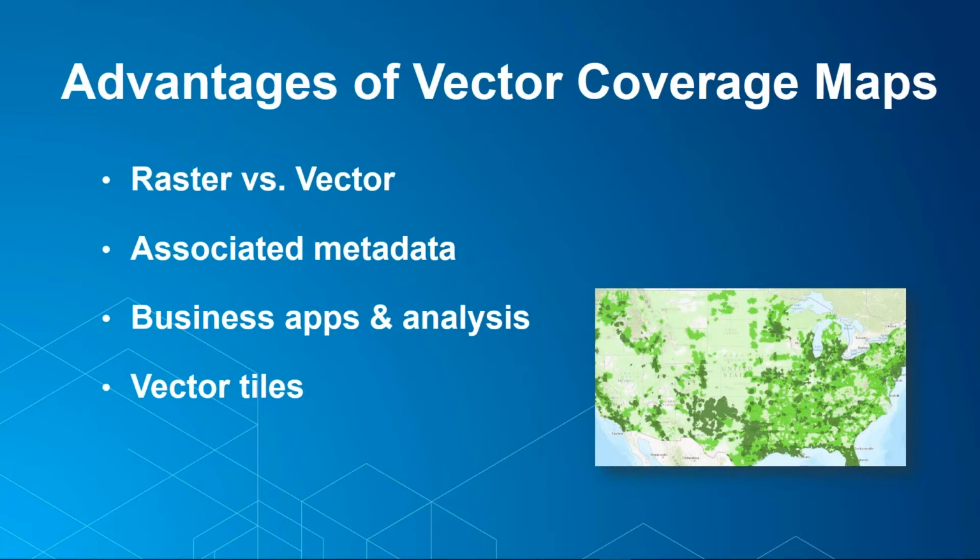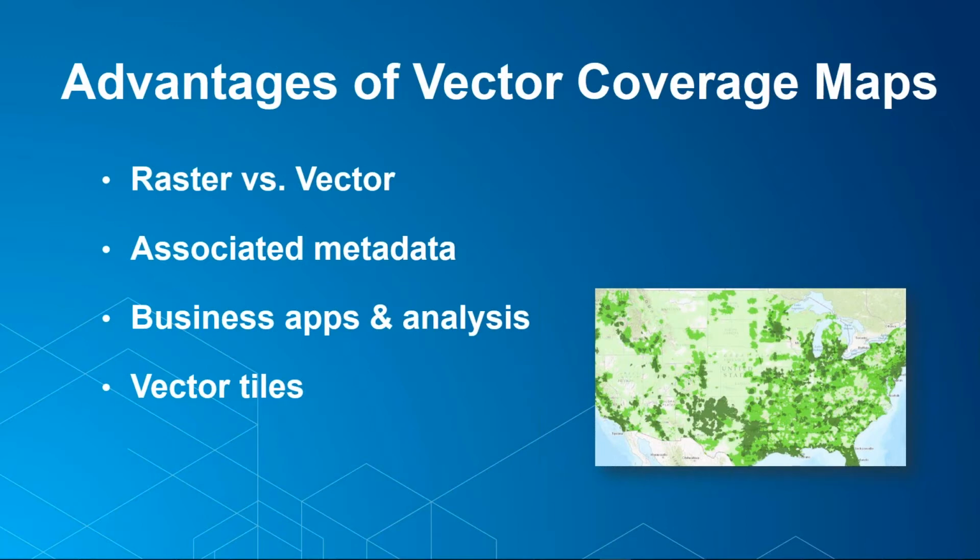But first off, what is the difference between raster data and vector data? Well, raster data consists of small grids with each cell value representing a certain attribute. So that could be either the quality of service or the DBM value of a particular sector.